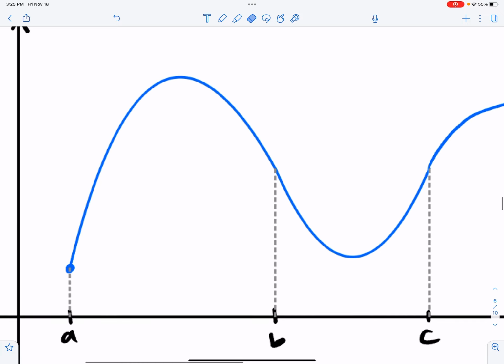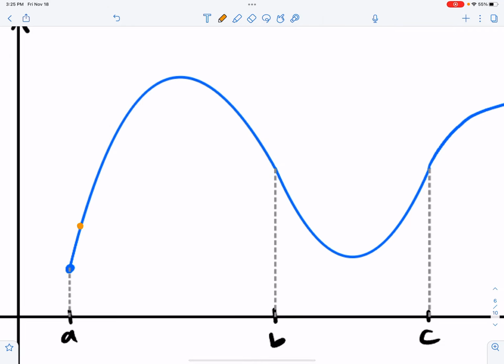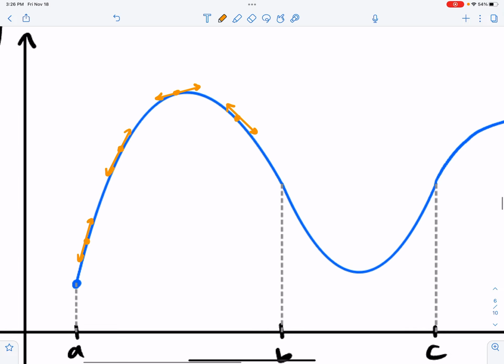So the first interval from a to b, if we thought about drawing some tangent lines to the curve, so about there, there, so if we think about what's happening to the values of the slopes of the tangent lines, which would indicate what's happening with f prime, the first derivative, at the beginning of the interval, the tangent lines are positive, and then it looks like they're starting off pretty steep, and they're becoming less steep.